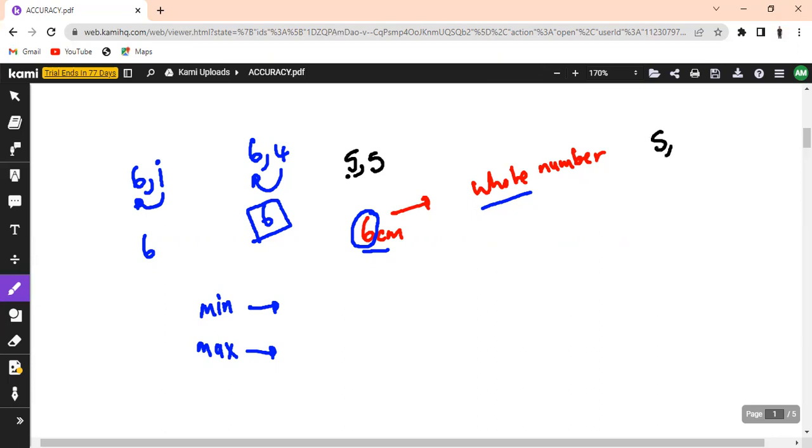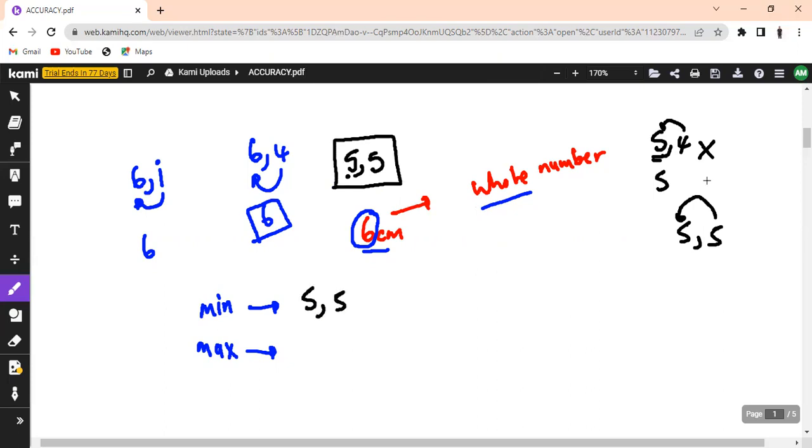Why? Because at 5,4, if we round off, it doesn't give 6. It's now 5, so 5,4 is out. But the moment we start at 5,5, if we round off, it is going to give us 6. So this is your minimum value, which is 5,5 centimeters, up to the maximum value, which means we are going to have 6, 6,1, 6,2, 6,3, up to which value?